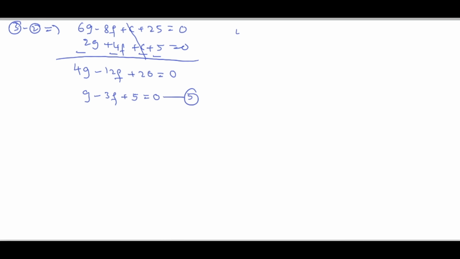And take the third equation minus the second equation, that is, the third equation is 10g minus 12f plus c plus 61 is equal to 0, and the second equation is 6g minus 8f plus c plus 25 is equal to 0.